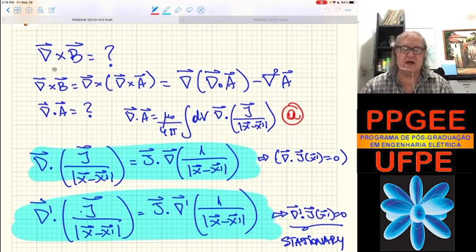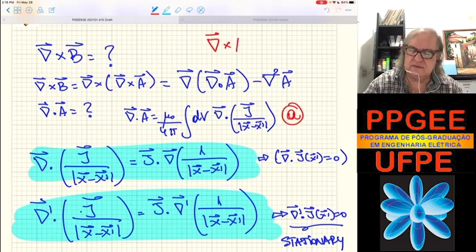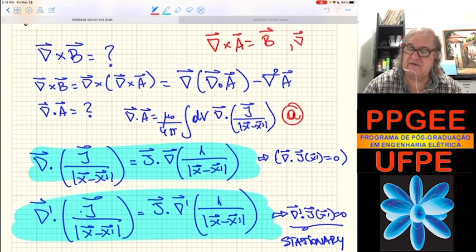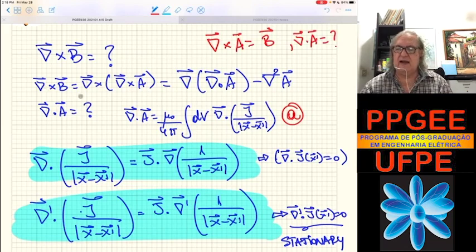We know the curl of A. Curl of A is known, equals B. What is the divergence of A? Well, whatever I do with the divergence of A, I don't affect B. Okay, but let's calculate it anyway, the way A was calculated.